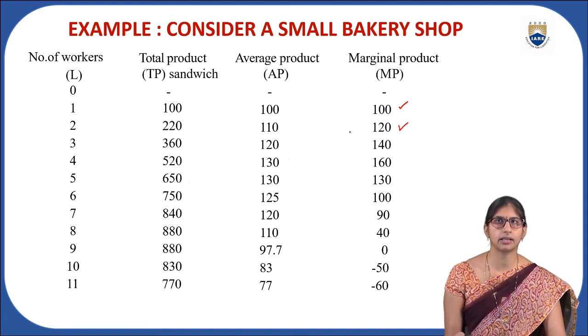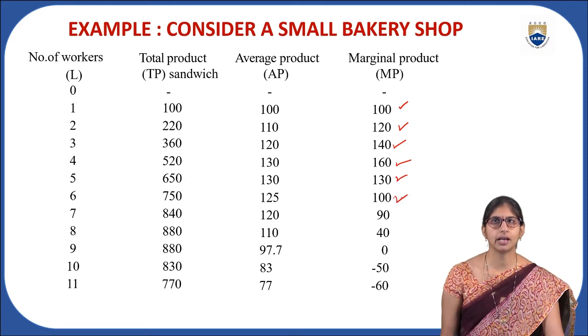How did we get this 120? 220 minus 100, that is 120. And coming to the third one, by adding the third one, the marginal product has increased to 140, that is 360 minus 220. And for the fourth one, it is 160, that is 520 minus 360. Likewise, we get all these marginal products.